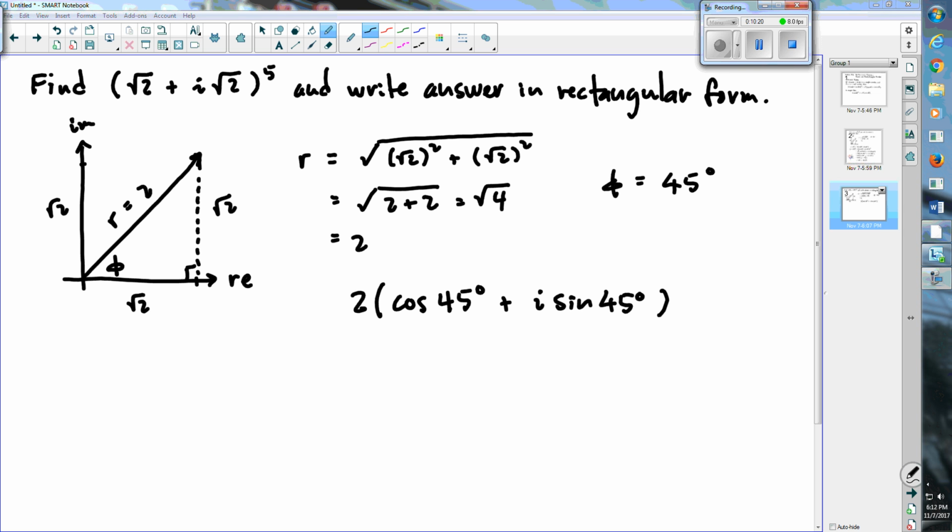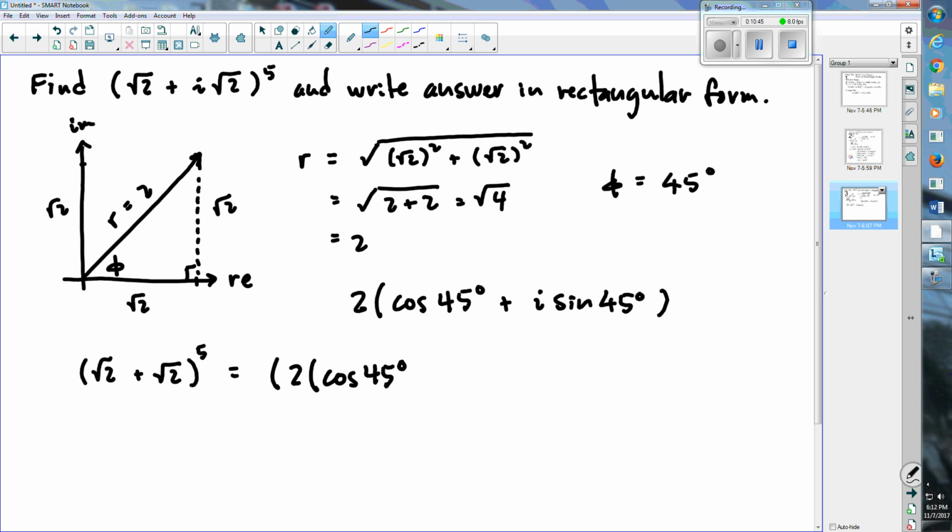Now we're going to take that information and that way of writing the number and raise it to the 5th power. Let's continue the same way we did in the last example. We have root 2 plus i root 2, and we're going to raise that number to the 5th power. We know that we can write this number as 2 times cosine 45 degrees plus i times the sine of 45 degrees, raised to the 5th power.